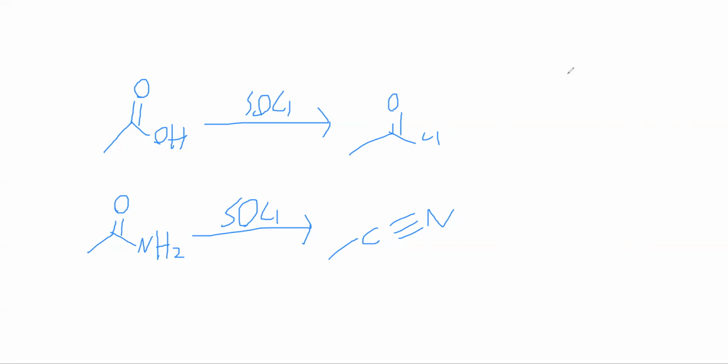One last thing, I guess. Obviously, you can form esters from carboxylic acids, like I showed. You just add an alcohol to a carboxylic acid, and you get an ester. But you can also turn one ester into another ester, and that's perfectly reasonable. And you would do that the same way you would form an ester from a carboxylic acid.